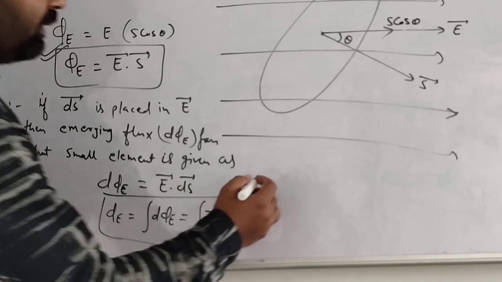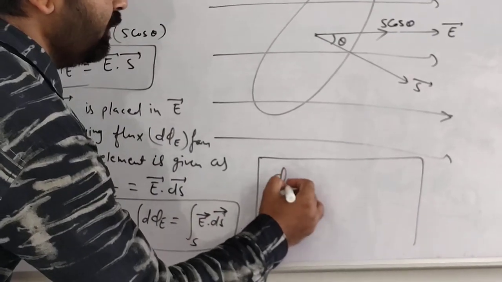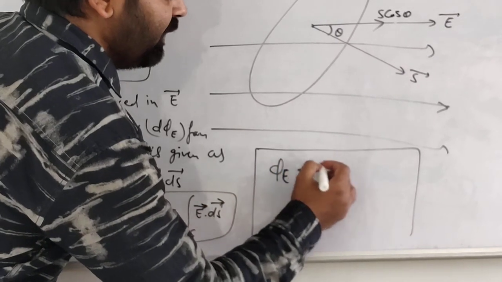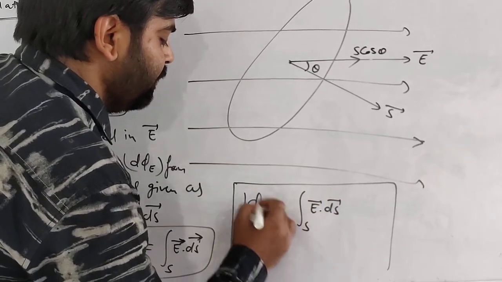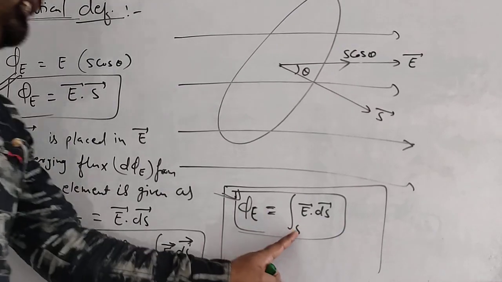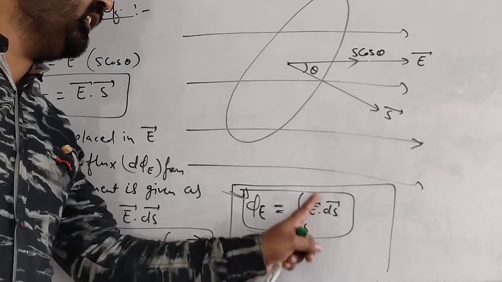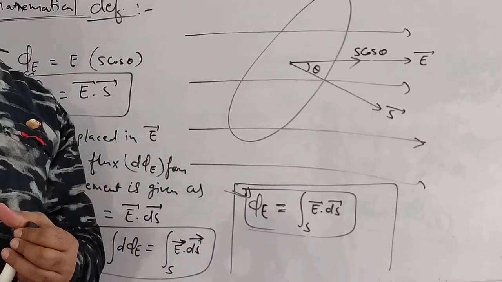So in integral form, the electric flux formula is phi is equal to the surface integral of E dot ds.